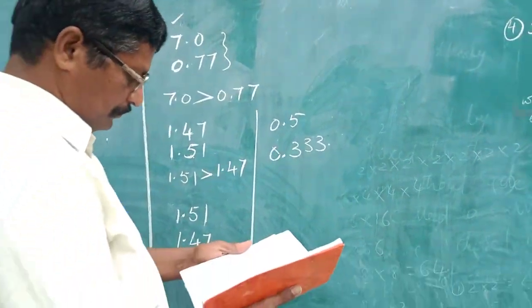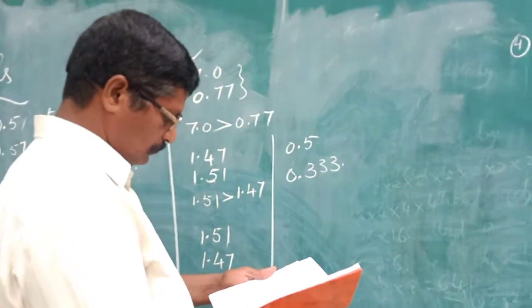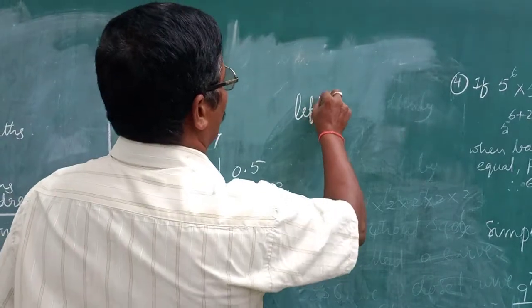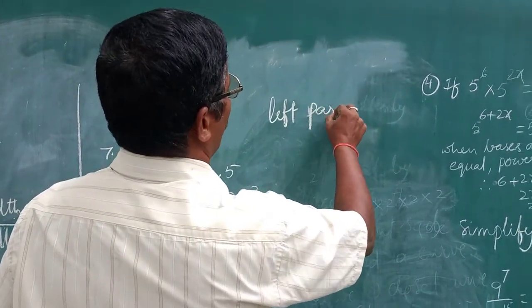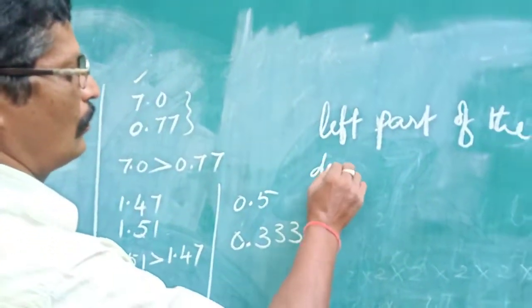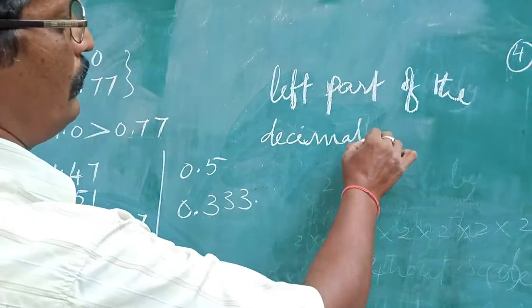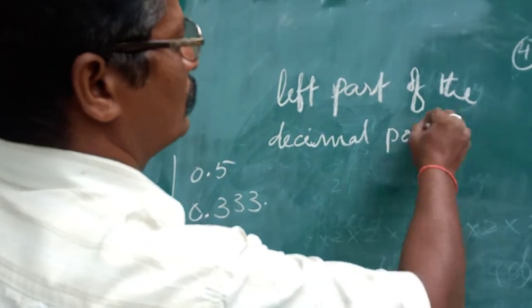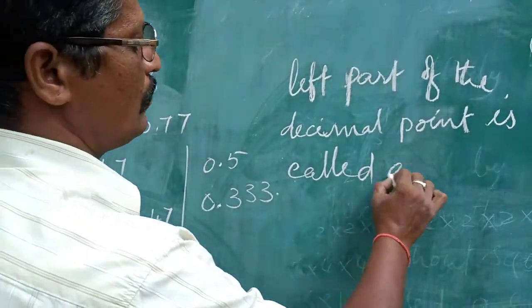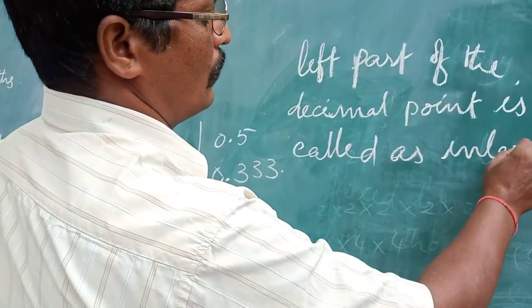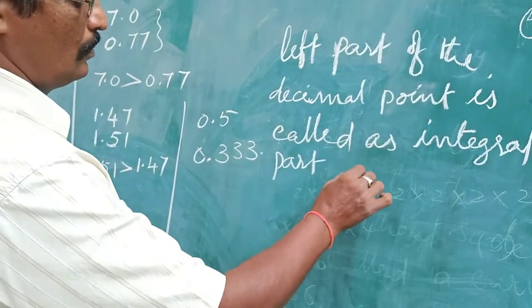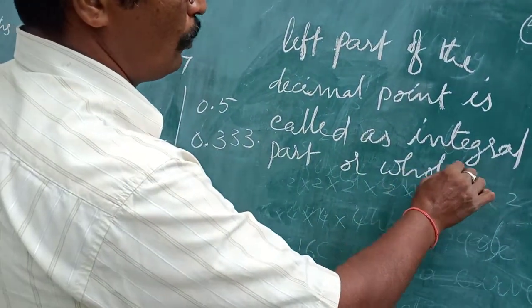Next one. The left part of the decimal point is called the integral part or whole part.